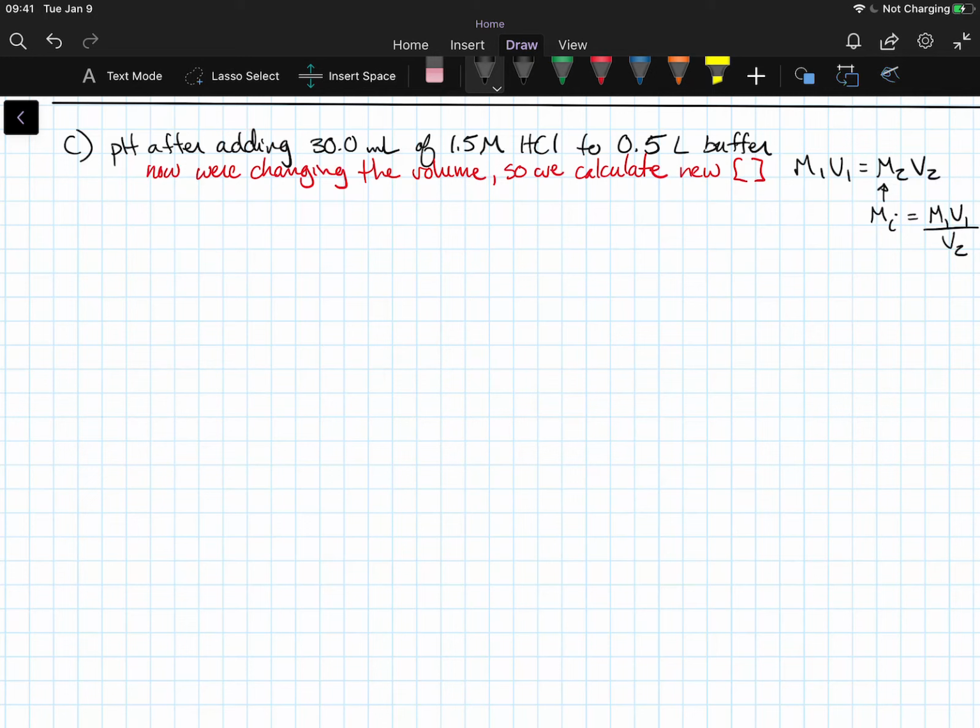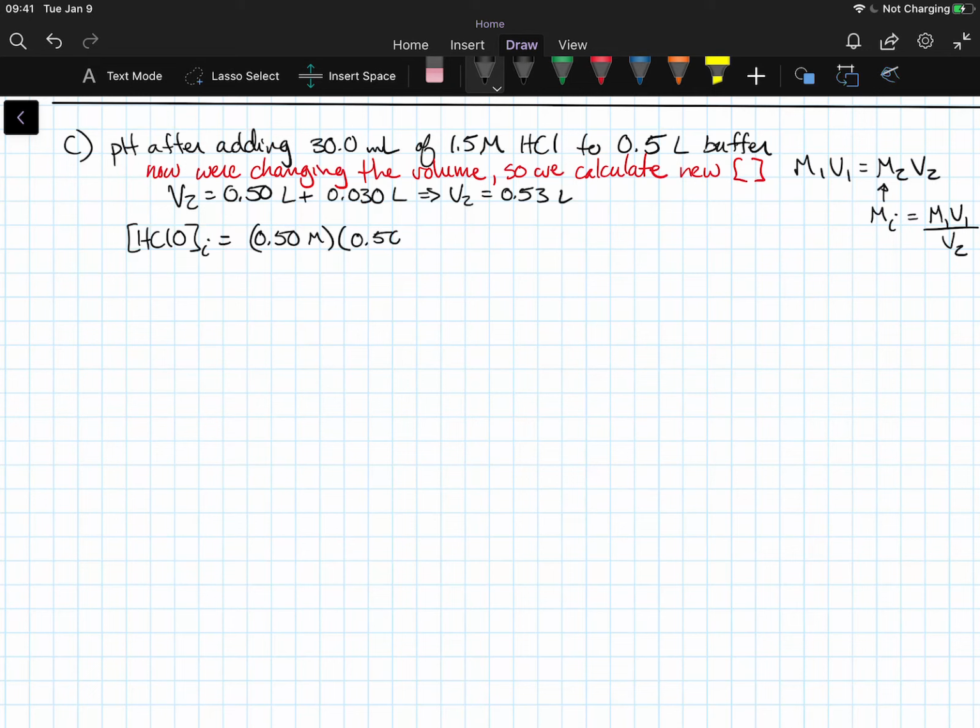V2 in this case is we're taking 0.5 liters and we're adding 30 milliliters, which is 0.030 liters. So our new volume, V2, is just 0.53 liters. And we can calculate the new concentrations from there. So our initial concentration of the HClO, we started off with 0.50 molar, that's M1.